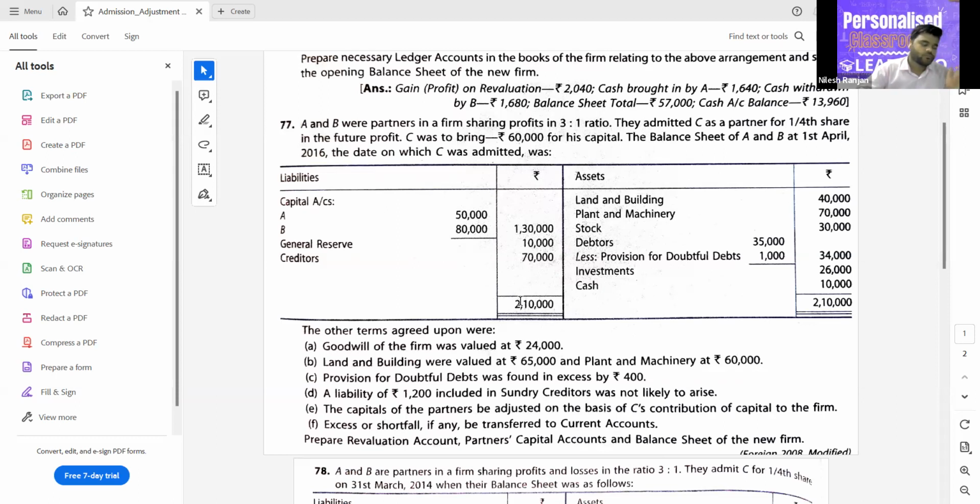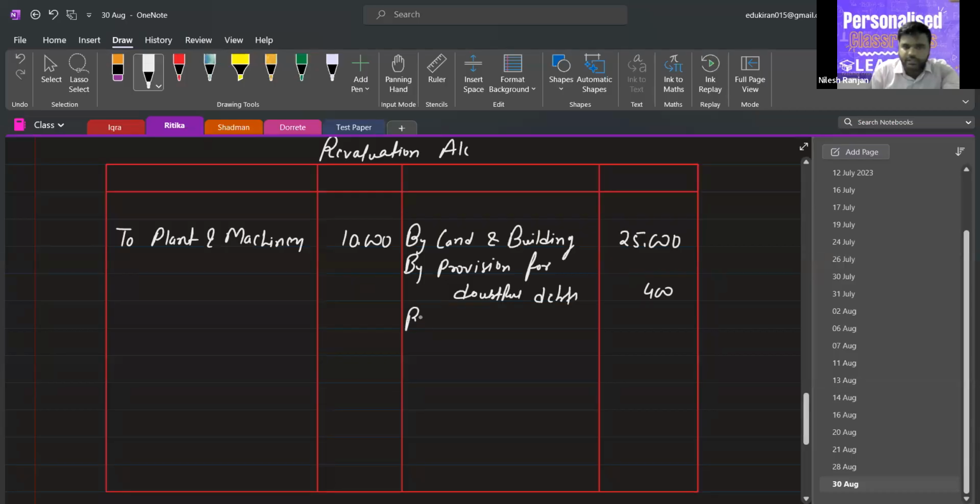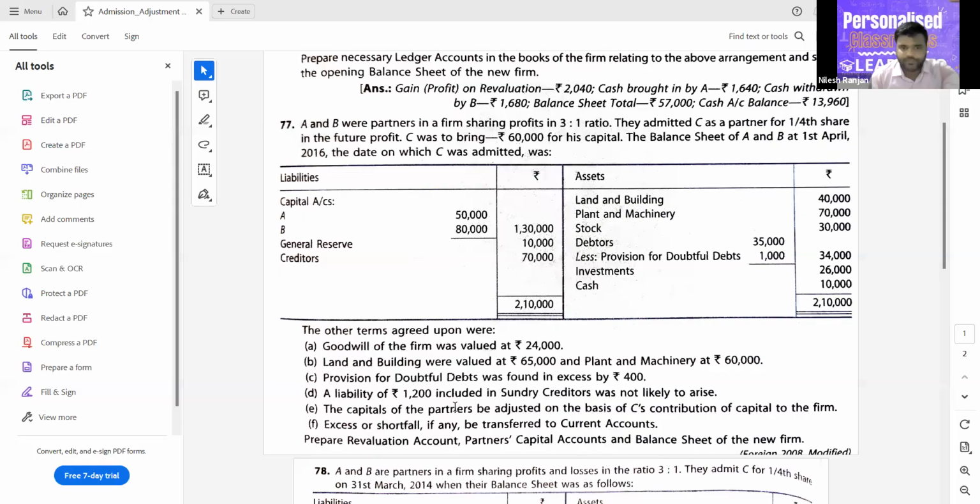Profit. Okay, so it will go to the credit side, by creditors 1,200. There is a creditor who will not demand his money, so that's why it is a profit.